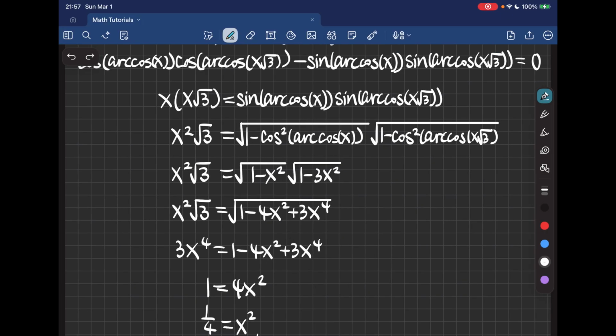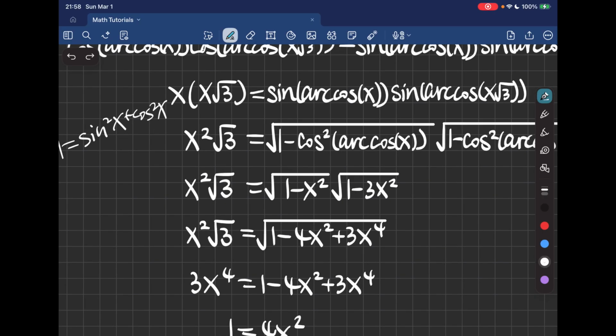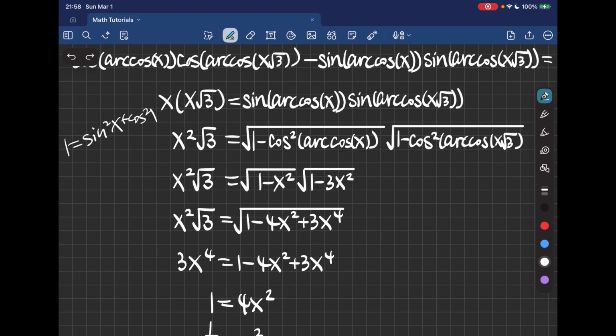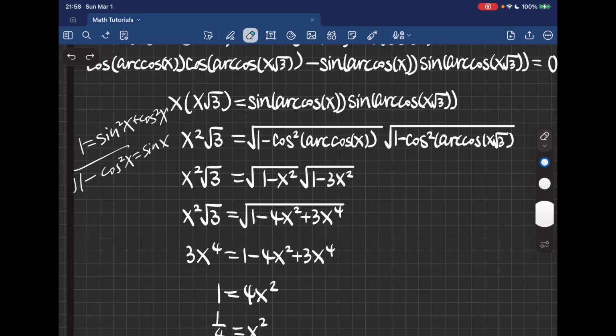We don't want to have sine and arc cosine at the same time. So, you know that there's a rule, 1 equals sine squared x plus cosine squared x. Okay, so that is a rule, so we can apply it. We can write it as 1 minus cosine squared x, and then we take the square root of that, we will just have sine x, right? So it's just these two things multiplied together, so we can write it as 2 square roots multiplied together.